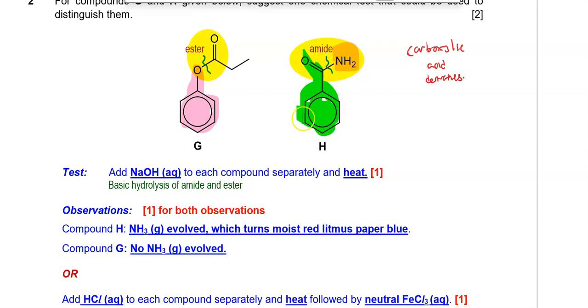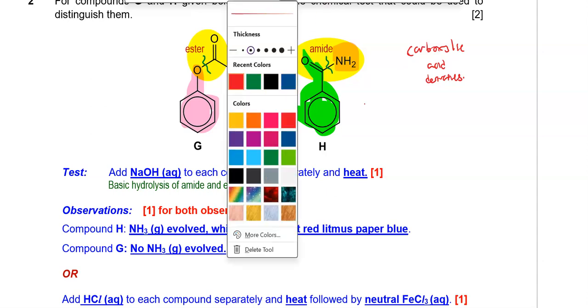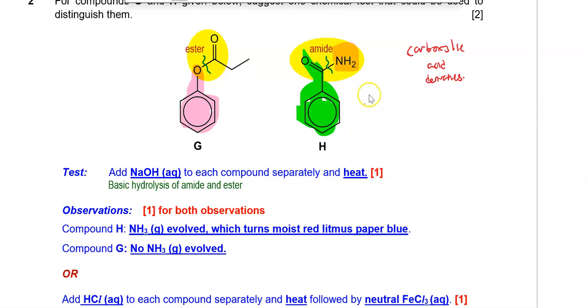So if you think about the hydrolysis, what do you get for each of the products? In the acidic hydrolysis, for H you will get COOH, and then you have your NH4+.